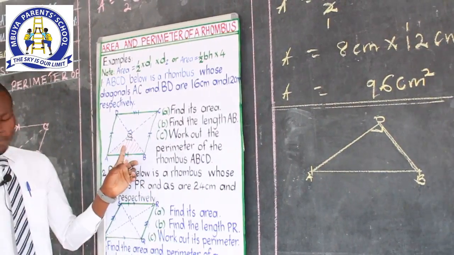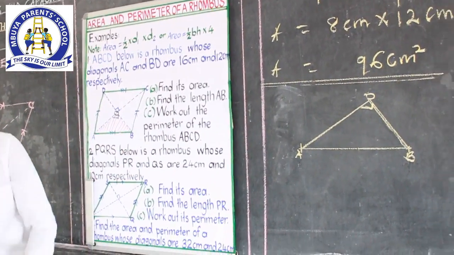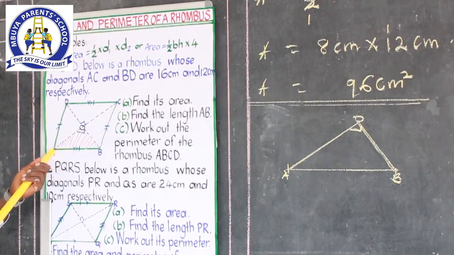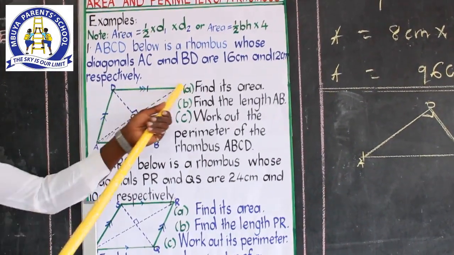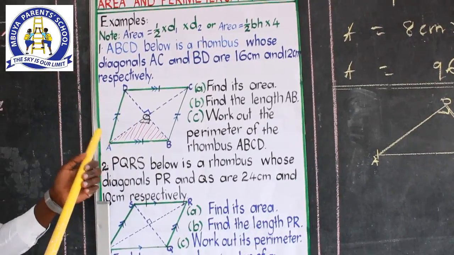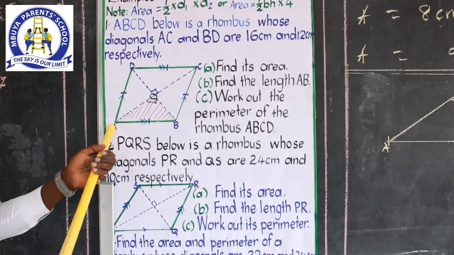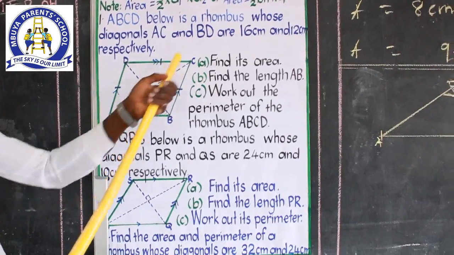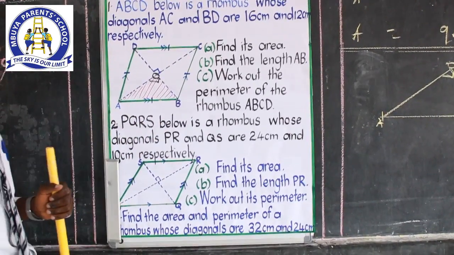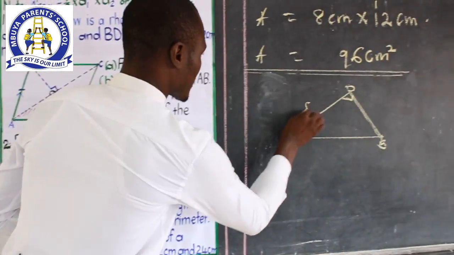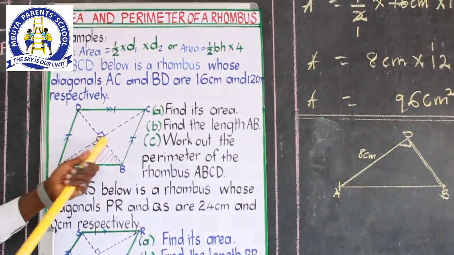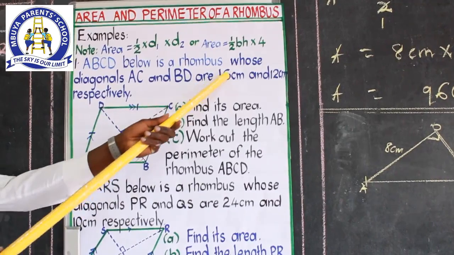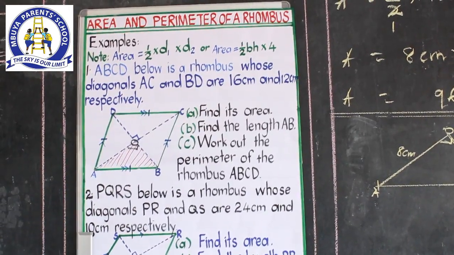Back to our figure. We have seen that the major diagonal is measuring 16 centimeters. So a half of 16 shall give us 8, meaning that OA, which is equal to OC, is 8 centimeters. Such that when you add 8 plus 8, you go back to 16, which is our major diagonal.